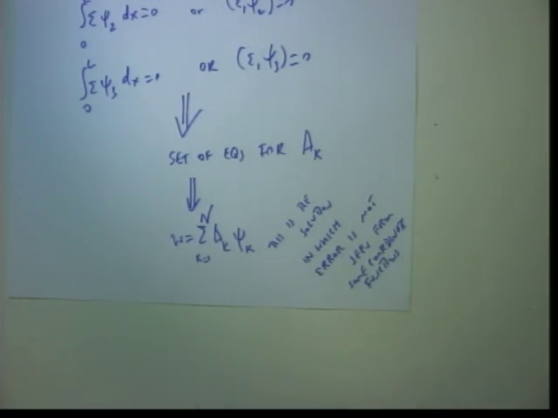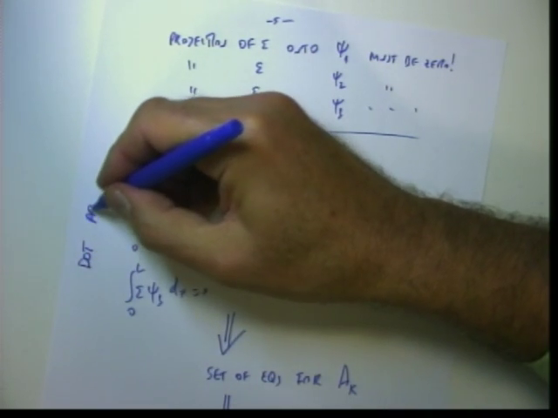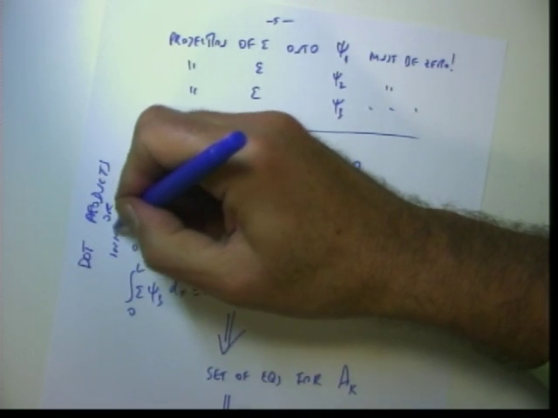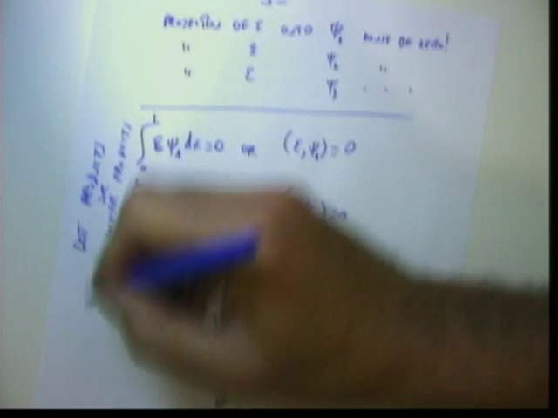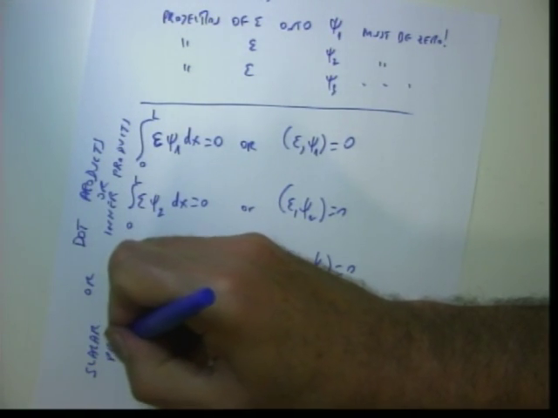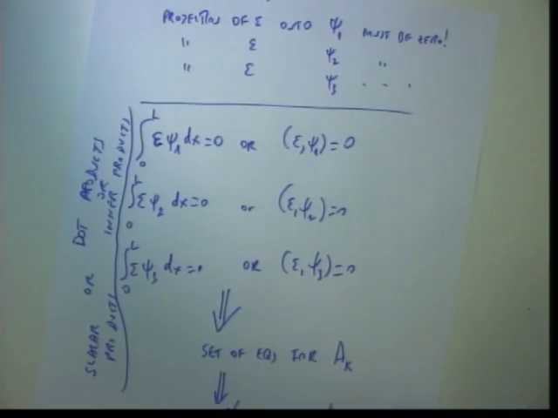Yeah, these are dot products. Yeah, let me write down. Dot products, or inner products, or scalar products. Okay, in various countries we use different words.